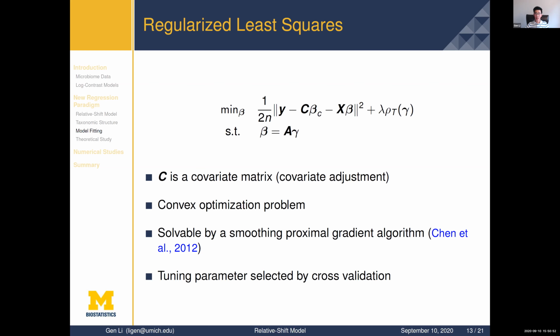We can easily adjust for covariate effect by incorporating covariates as an additional covariate matrix. This optimization is a convex optimization and can be easily addressed by a smoothing proximal gradient algorithm that I won't go into detail. The tuning parameter can be selected by cross-validation.